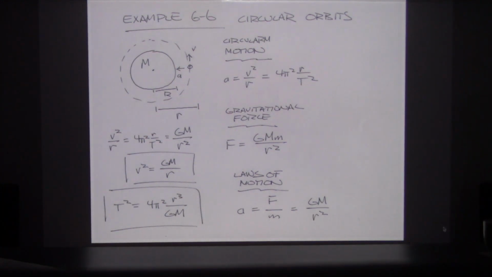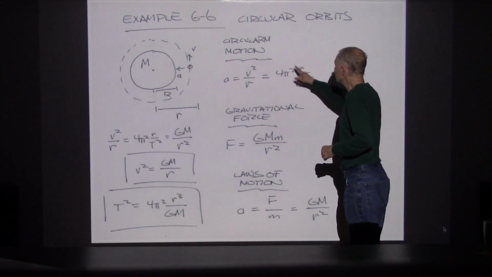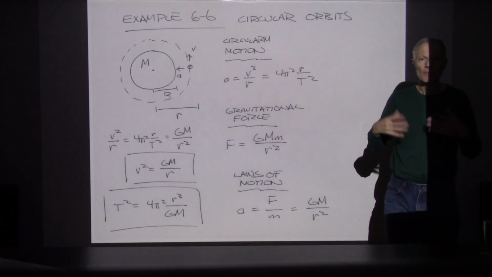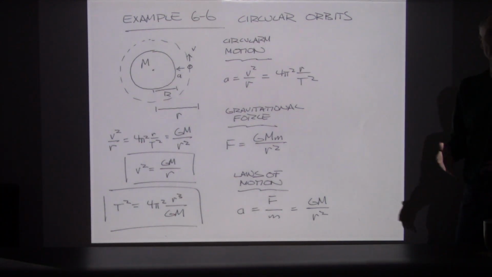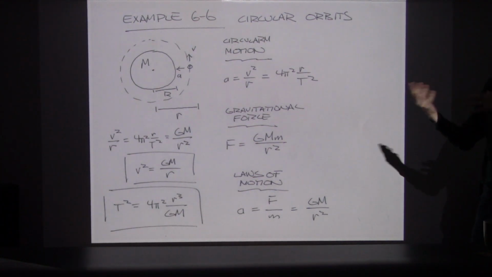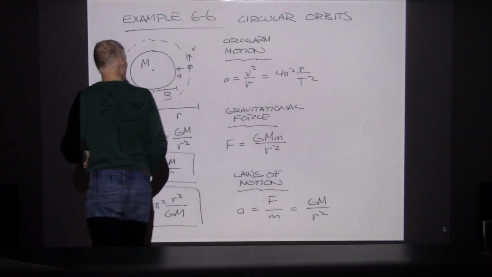So now we are also using 4 pi squared r over period squared. We said this one becomes useful because often we're working in terms of not velocity, but in terms of period of the orbit. How much time does it take to complete one orbit? In this case, it's one circular orbit that we'll be looking at.